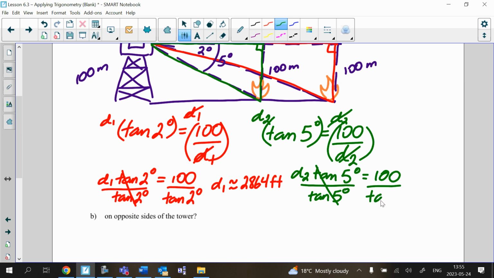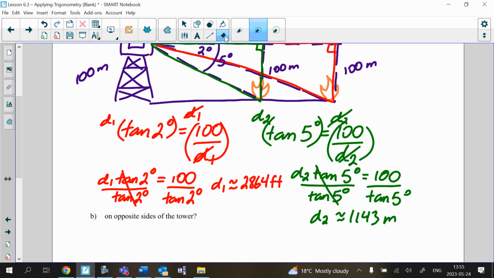Therefore, D2 will equal 100 divided by tan 5, which is approximately 1,143. Sorry, this is not feet, this is meters. I need to change that in the red one. I was thinking of a previous question.